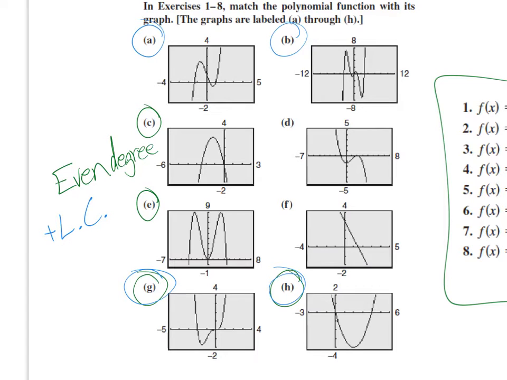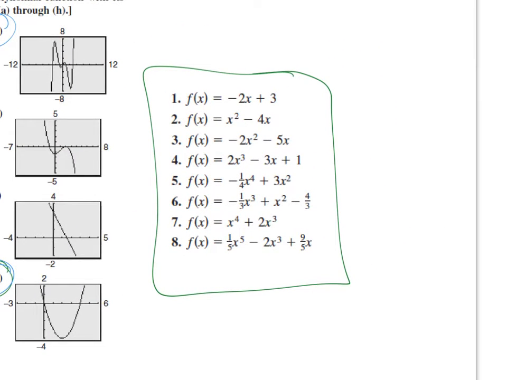So you see how that works? You can tell something about the function just by looking at it. If I'm trying to match these up, I can say, wait a sec. My odd degrees are here, here, here, and here. My positive leading coefficients are here, here, here, and here.